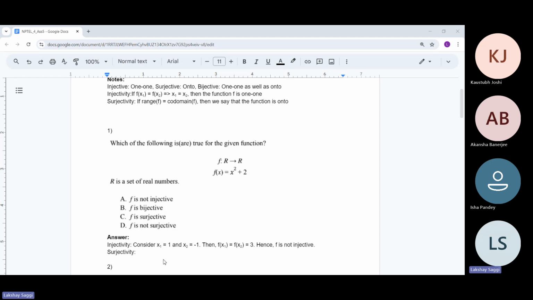Okay, I guess I'll just discuss this. So f will actually not be surjective, and why will this be the case?